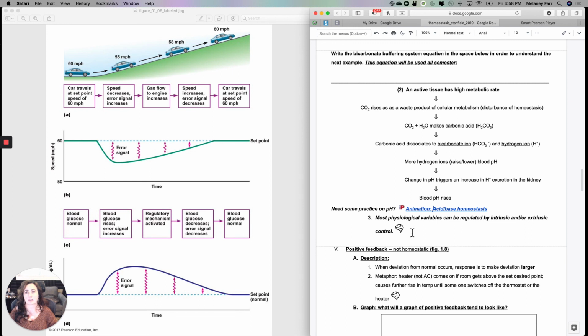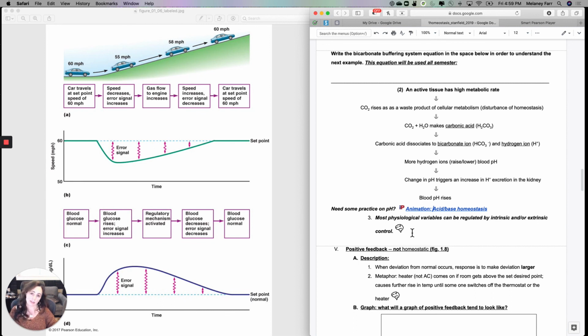If I was trying to control my oxygen concentration in a tissue, do you think it would be faster or cheaper to cause local vasodilation or to cause the nervous system to increase heart rate and respiration? So does it make sense to you that the intrinsic ones are usually worth a shot to try first because they're cheaper and they're likely to be faster?